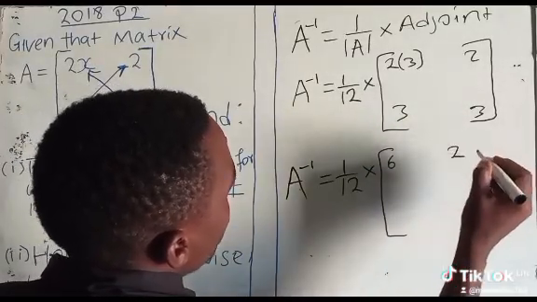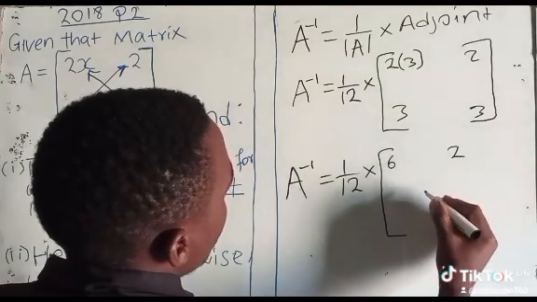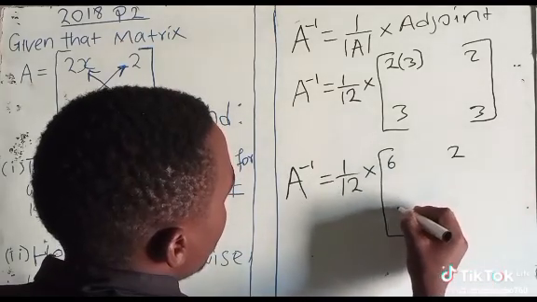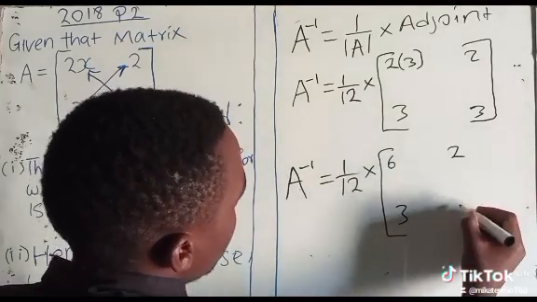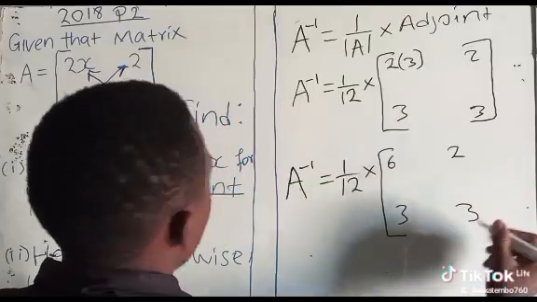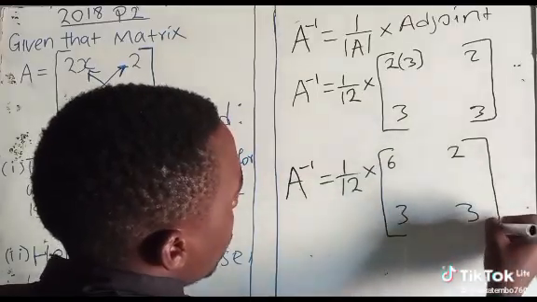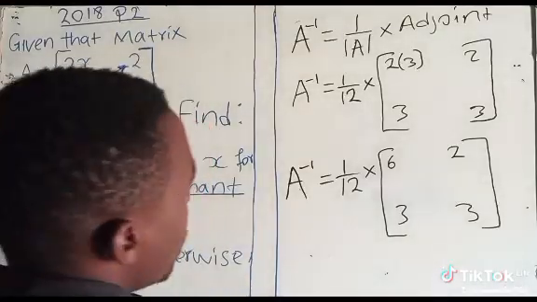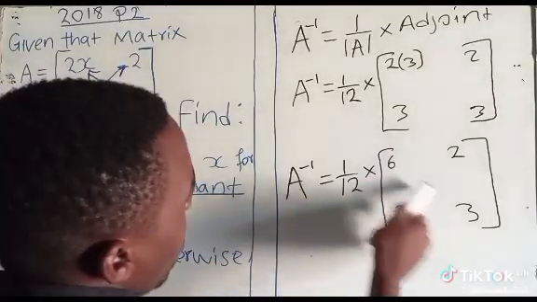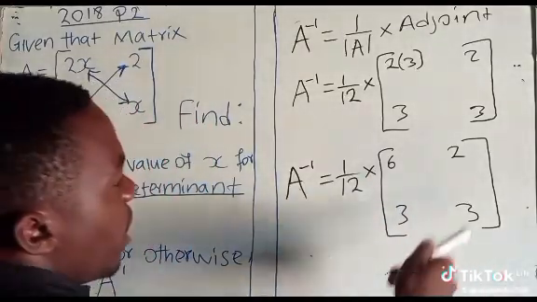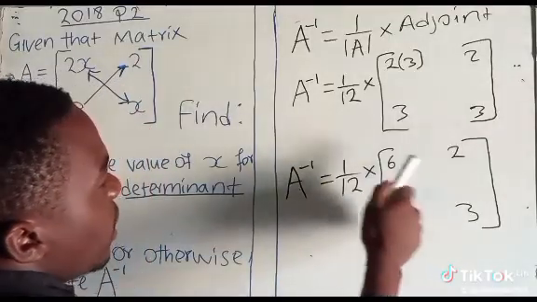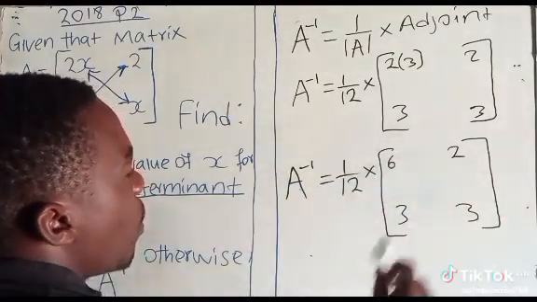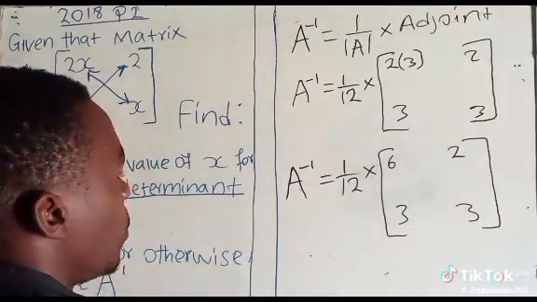Here we are going to have a 2. Here we are going to have a 3 again, and here a 3 as well. So what we mean by adjoint, we mean that the major diagonal will have to swap. The 3 will be here and the 6 will be here, and for the minor diagonal only signs will change.